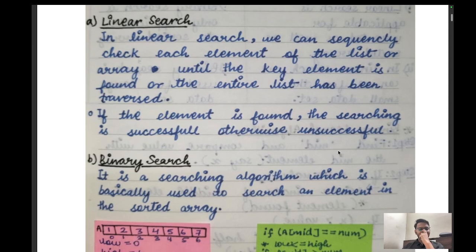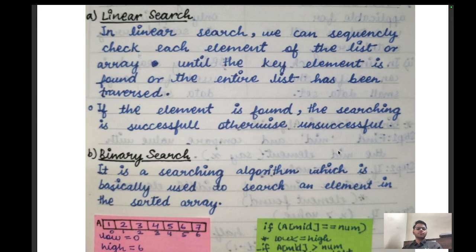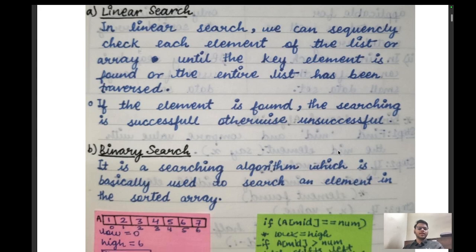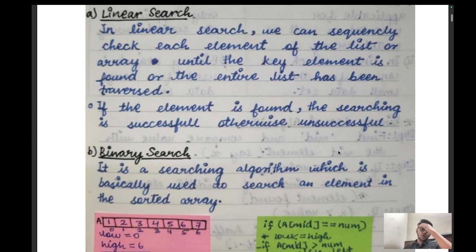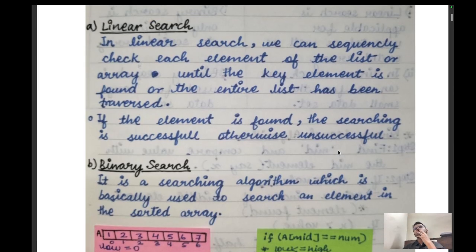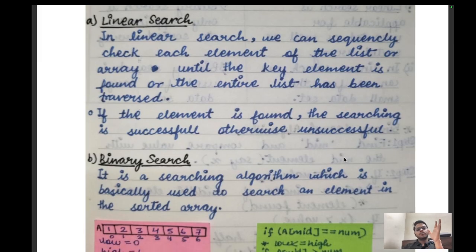So what we are doing in linear search is checking the array elements one by one, and when we get the particular element that we want, we stop the traversal, find the element, and return the index of that particular element.